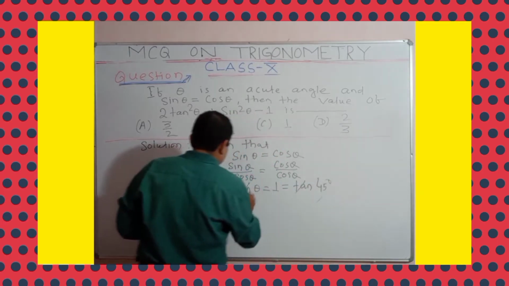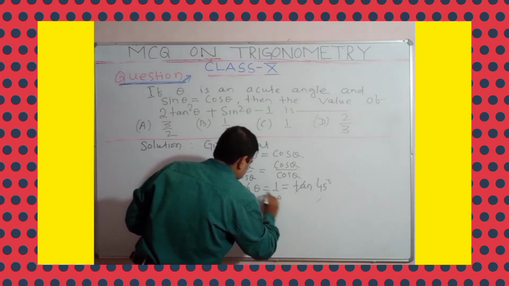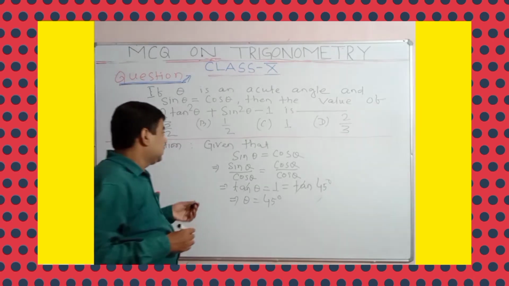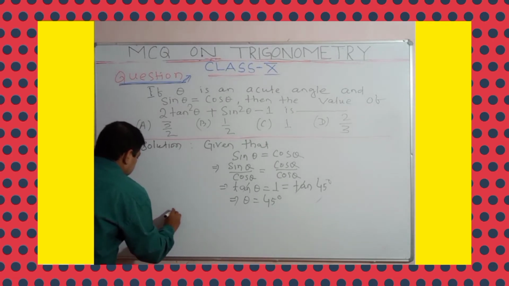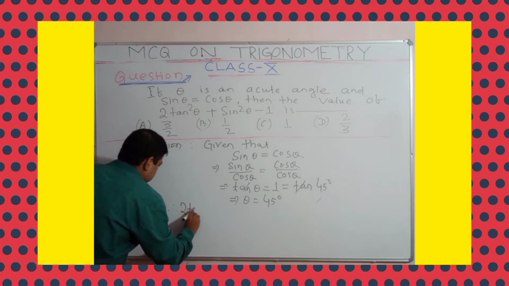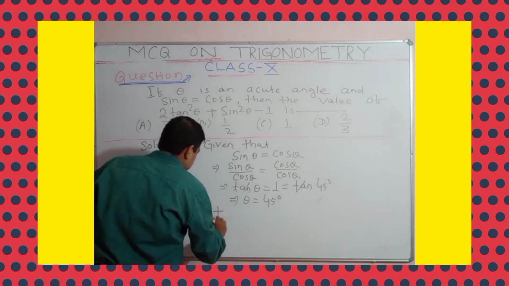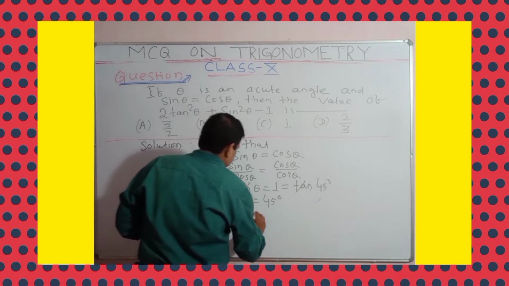So tan cancels, and theta is equal to 45 degree. After that you can use the value of theta in the given expression. Hence 2 tan square theta plus sin square theta minus 1.